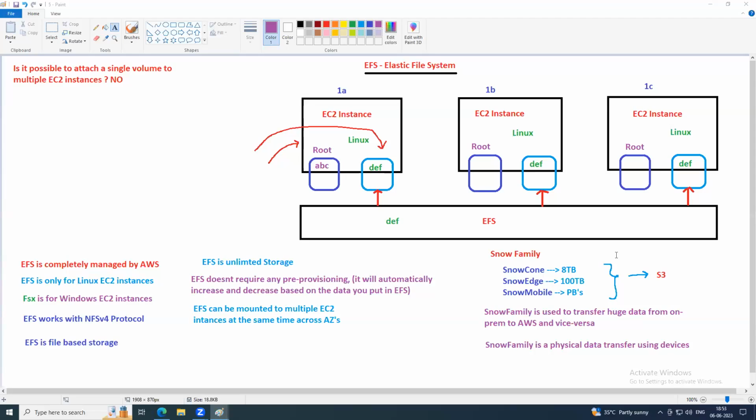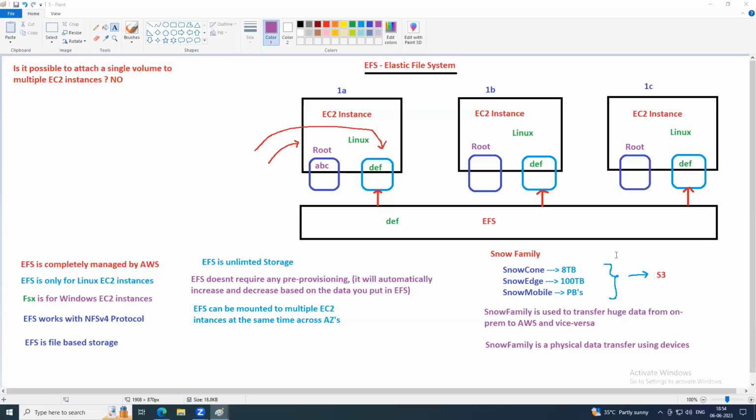If you want to leverage AWS, where do you keep all these photos? In S3 itself. If your wife asks, give me the S3 credentials, AWS credentials, khatam, tata, bye bye.